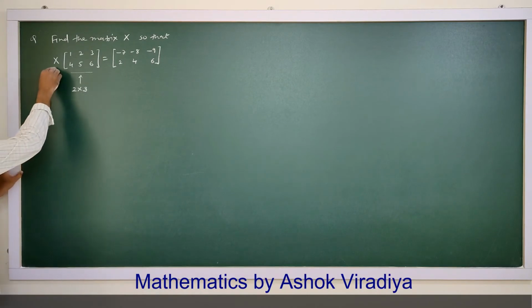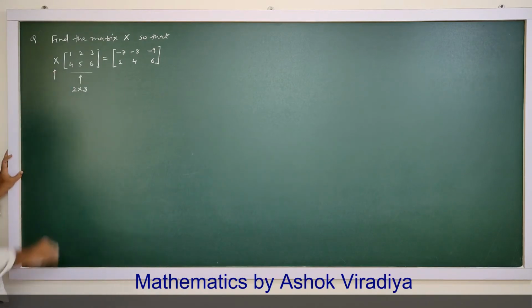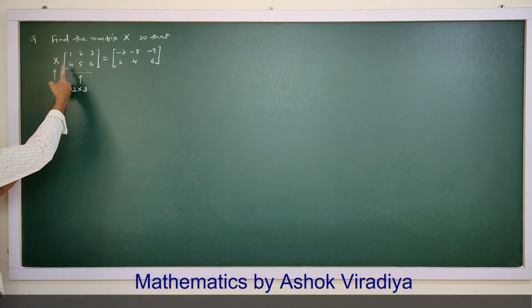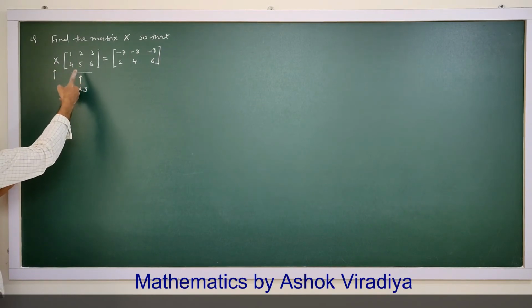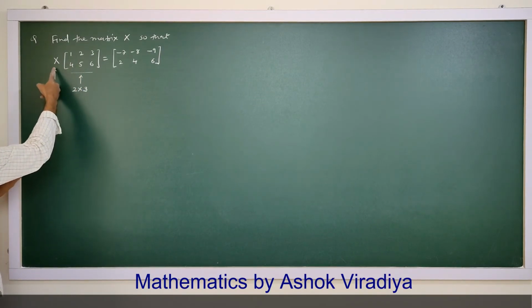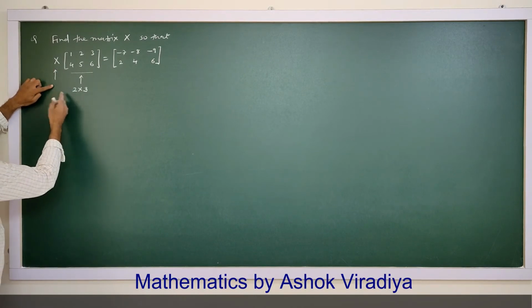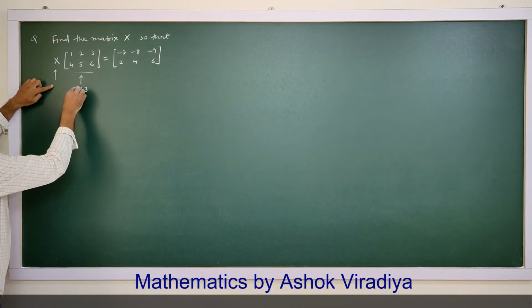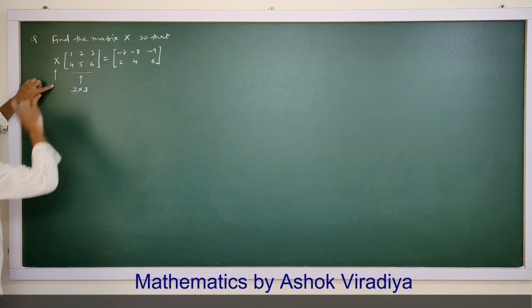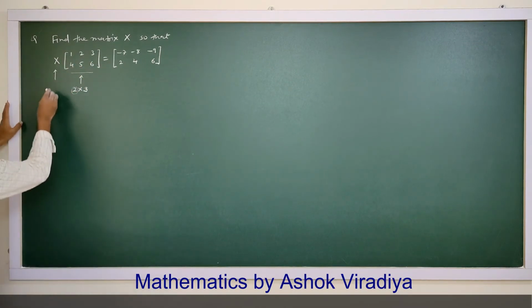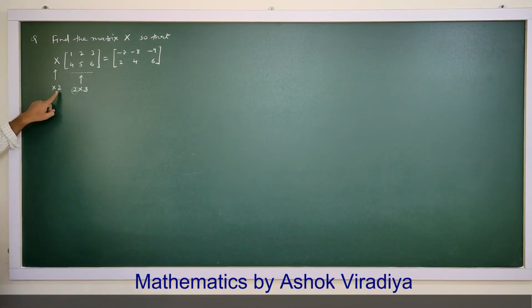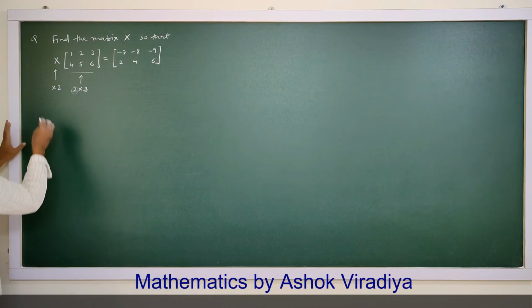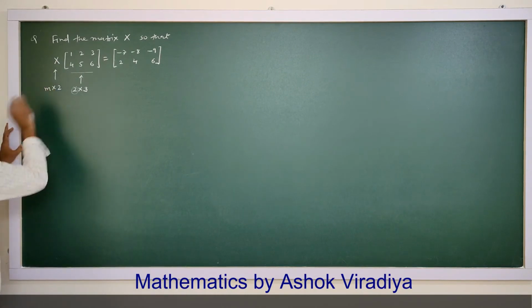And because x is multiplied with this matrix, this multiplication is defined if the number of columns in x is equal to the number of rows in the second matrix. So here in x, the number of columns should be 2. Number of rows, suppose m.